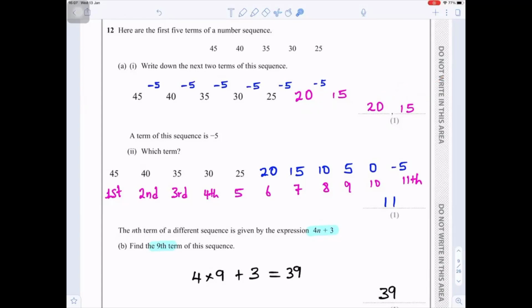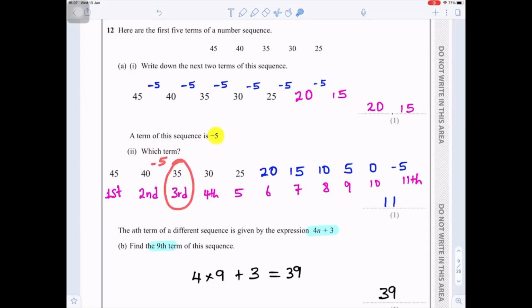A term of this sequence is minus 5. Which term is it? So to get to minus 5, we have to keep subtracting 5 until we get to minus 5 and count it. So the first term is 45. 45 minus 5 is 40. It gives us the second term. 40 minus 5 is 35.